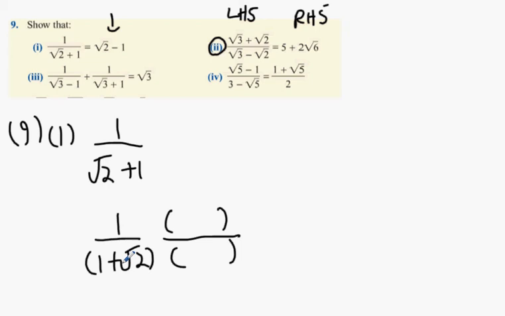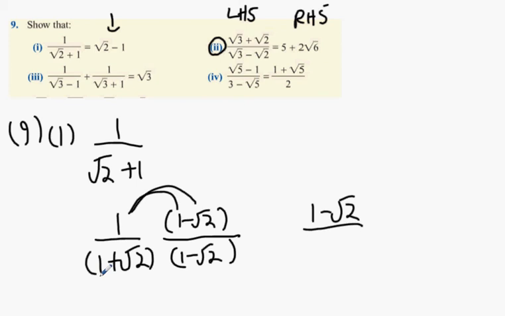Whatever is in front of the root sign, minus version of it. So 1 minus root 2 and 1 minus root 2. Is that right? Now 1 times 1, 1. And then minus root 2. Then on the bottom, 1 minus root 2 plus root 2.